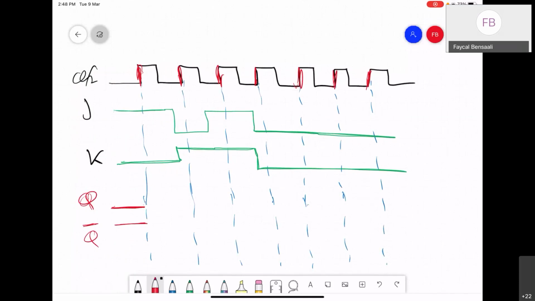So first rising edge, what is the value of J? And what is the value of K for this example?